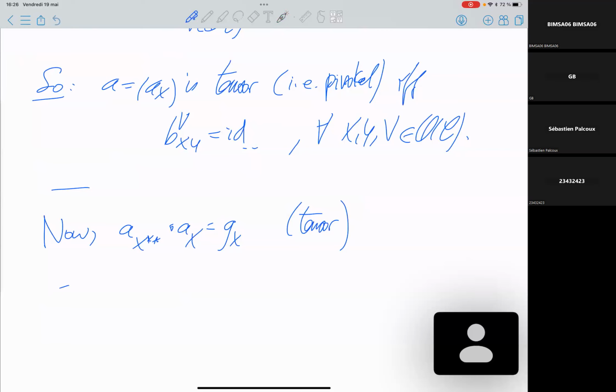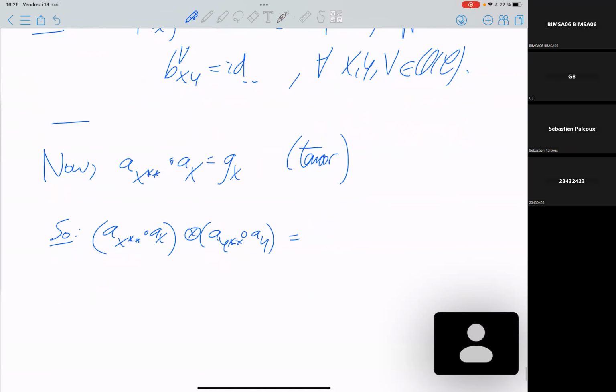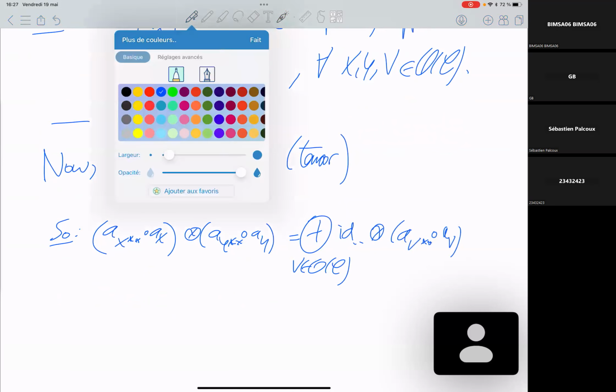So a_X double star composed with a_X tensor a_Y double star composed with a_Y, which is equal to, so it's coming from g, the identity of a_V double star composed with a_V, because g is tensor.